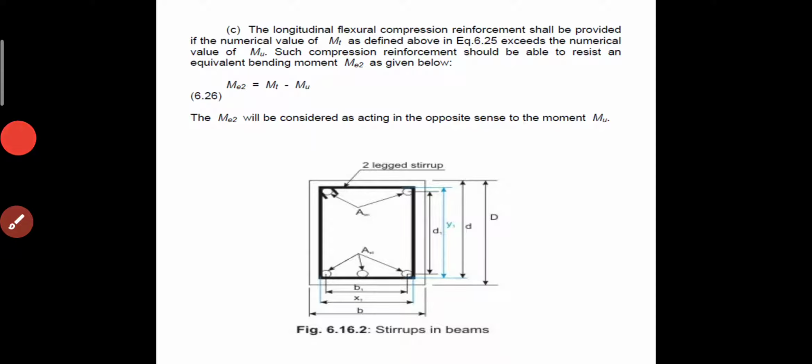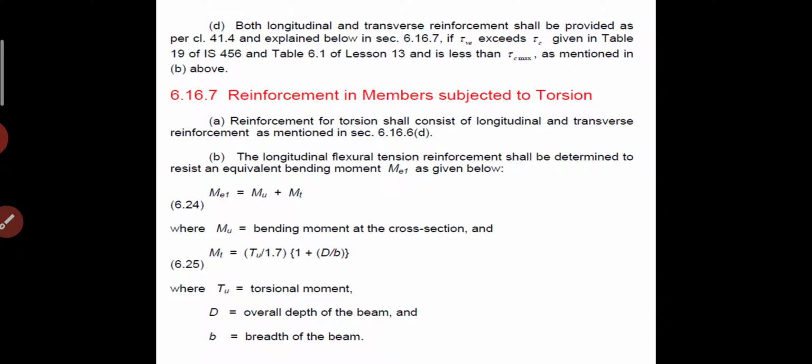The longitudinal flexural compression reinforcement shall be provided if the numerical value of MT exceeds the numerical value of MU. Such compression reinforcement should be able to resist an equivalent bending moment ME2.